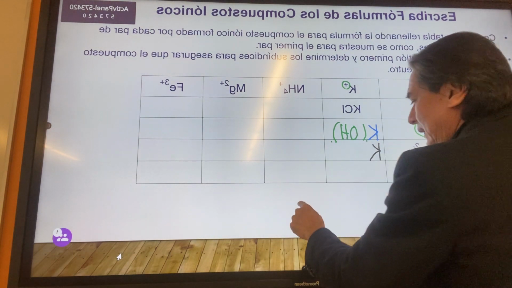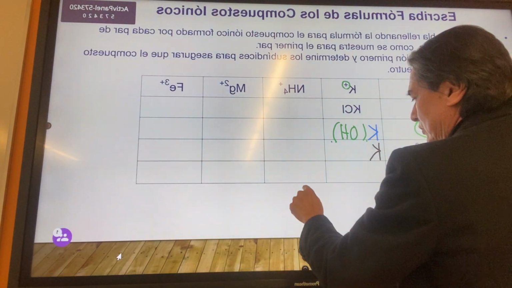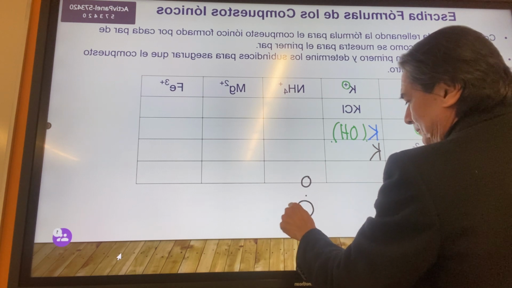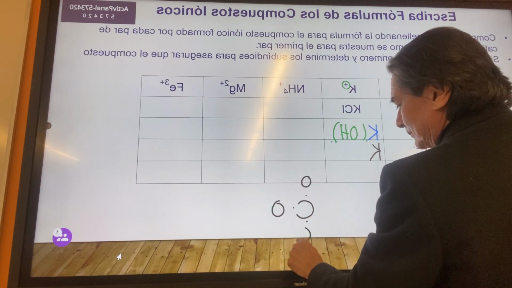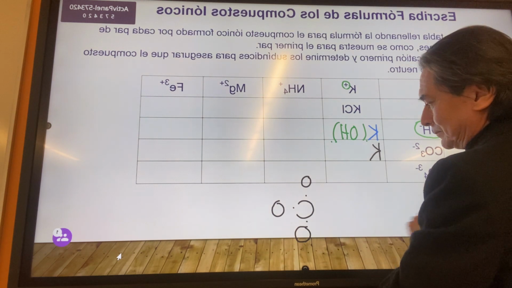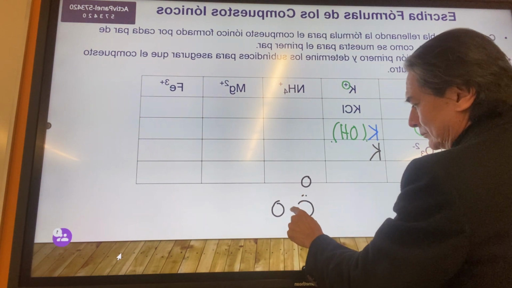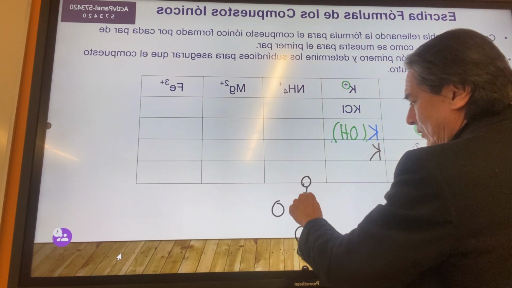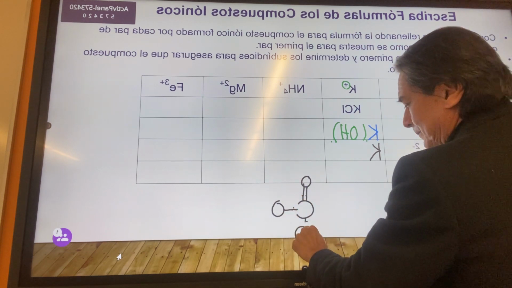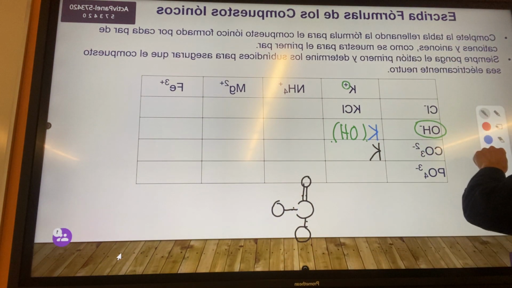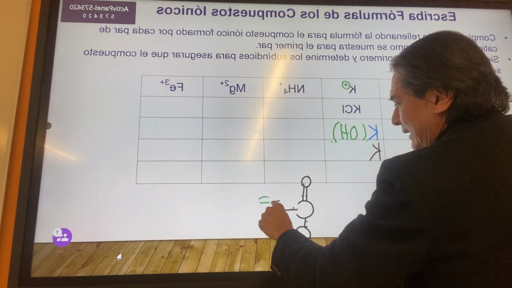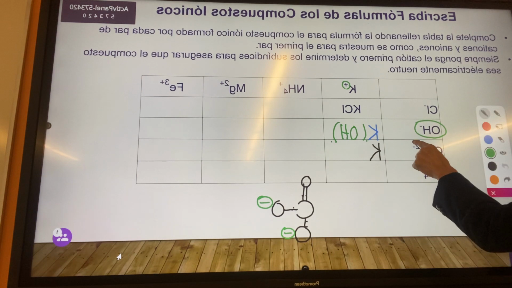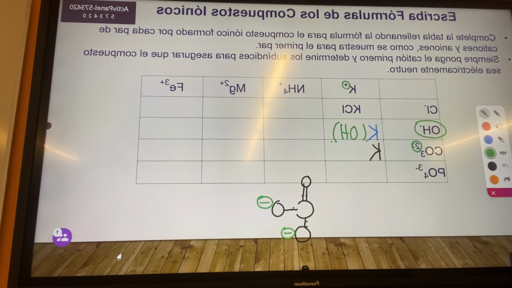Well, the carbonate Lewis dot structure will look something like this. So basically it will be carbonate like this. And the anions are these two. That's why you have a -2.